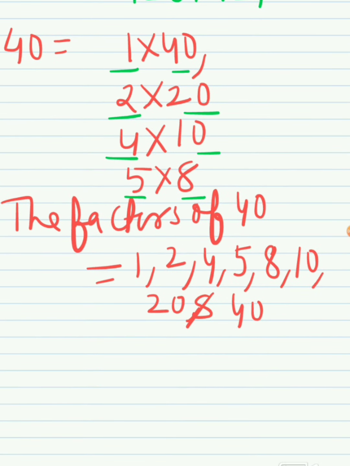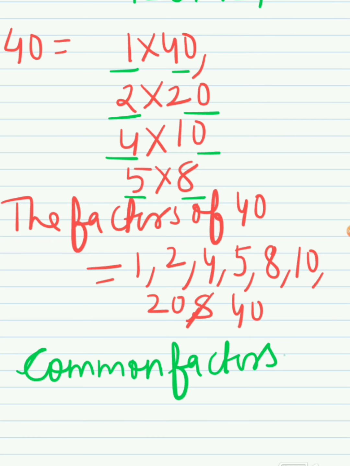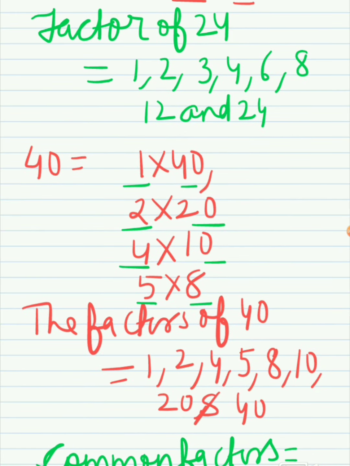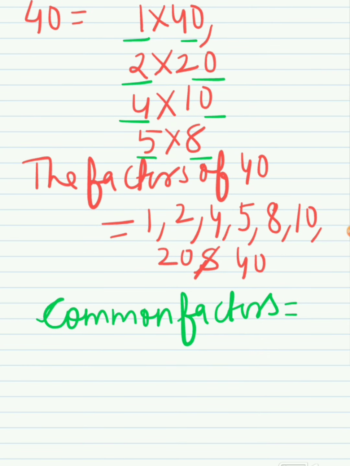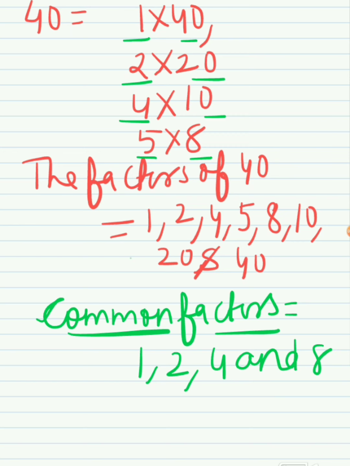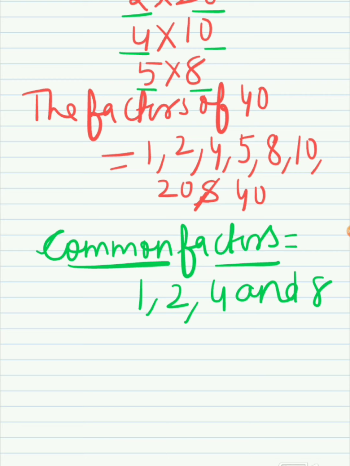After that we will find the common factors between these two numbers. So what are the common factors here? Let's see. 1 is a common factor, 2 is a common factor, 4 is a common factor, after that 8 is a common factor. So the common factors are 1, 2, 4 and 8. Now up to here you know how to find the common factors. Now we have to find the HCF of this.